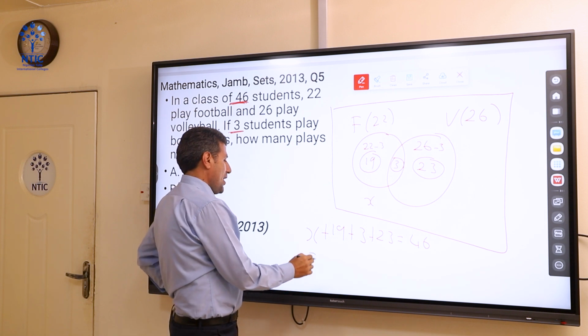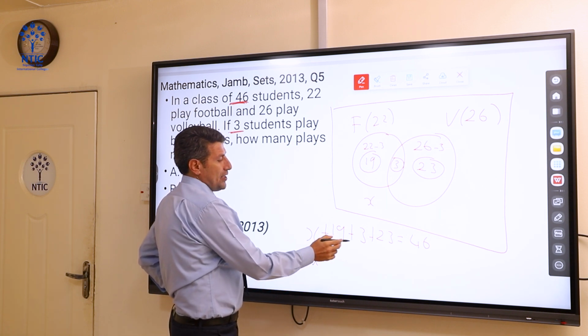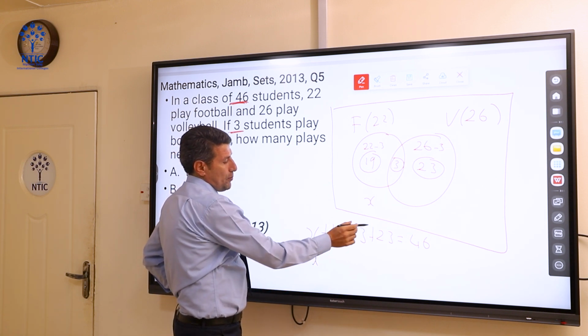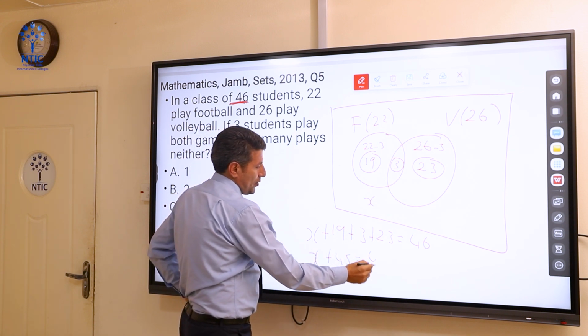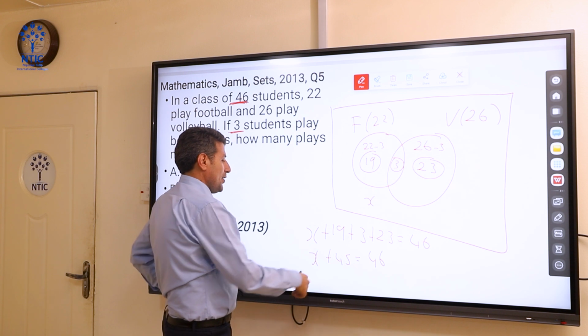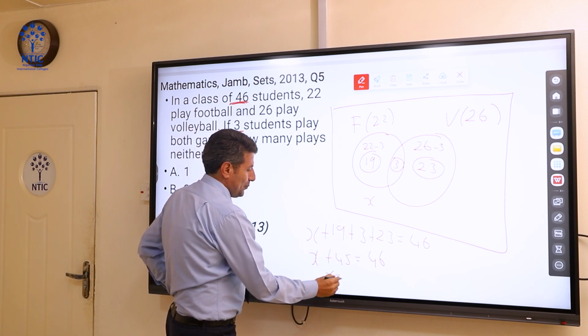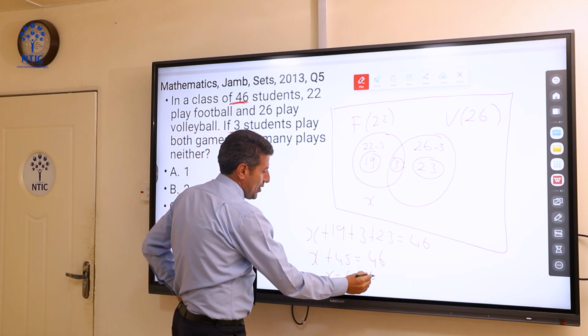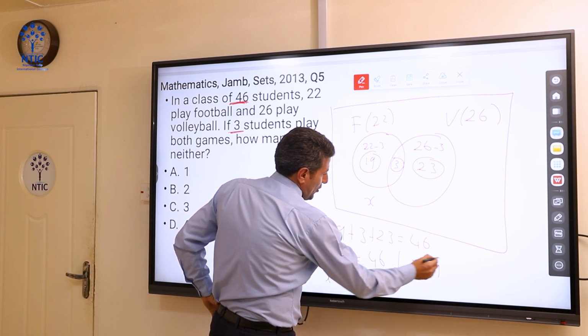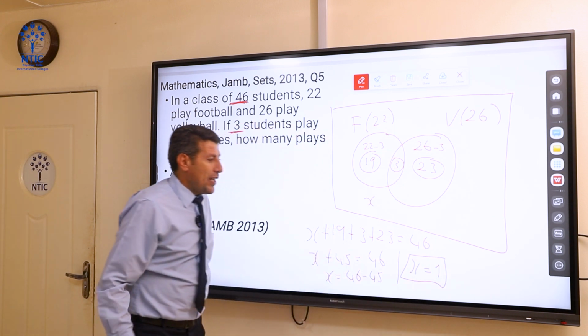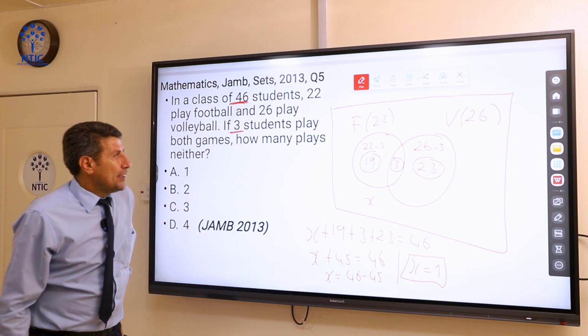Okay? So when we add here, 19 plus 3 is 22, 22 plus 23 is 45, X plus 45 is 46. Then you collect like terms, that is 46 minus 45, and then you can see X is 1. So the number of students that play no game is 1. Okay?